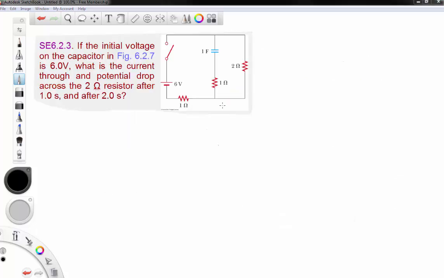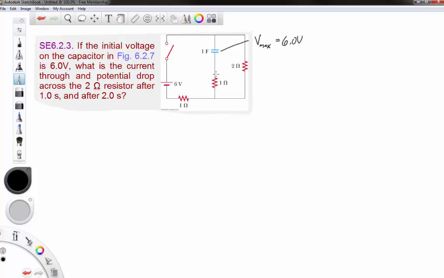Alright, last but not least, we're told that the initial voltage here, V max, is 6.0 volts.